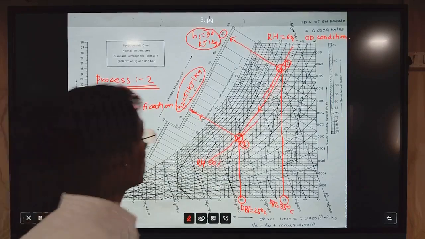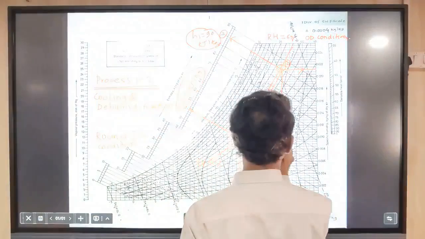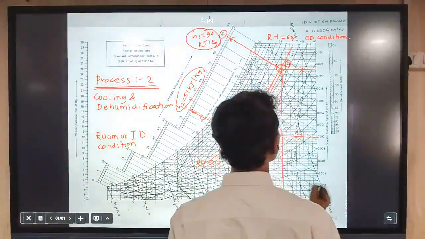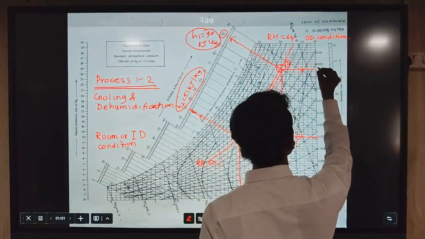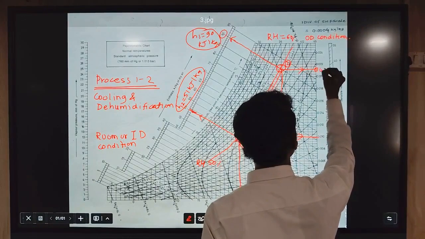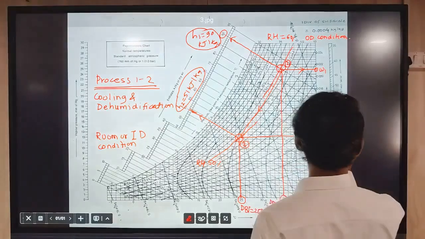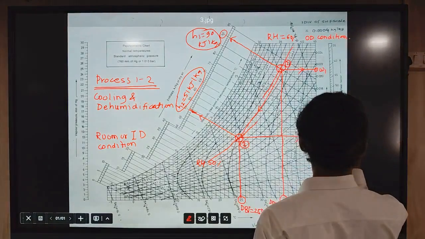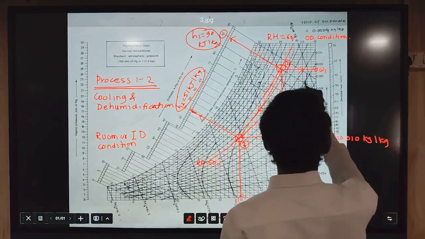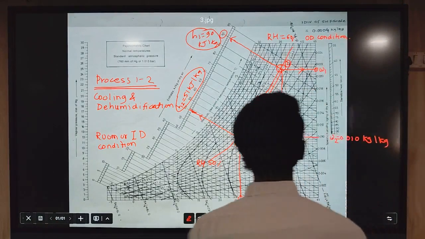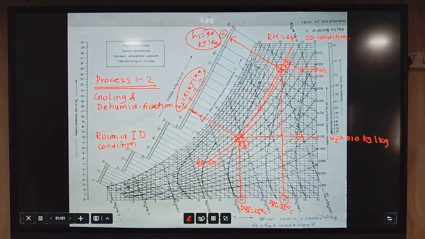Now if you project these 2 points to the right side on the humidity scale, we will find the values of moisture content. Here point number 1 will give this value, W1, and here will be W2. It comes to 0.010 kg per kg. And if you take the other value, it comes below 0.022, below that by 2 divisions.